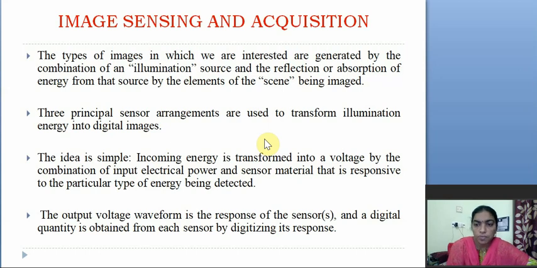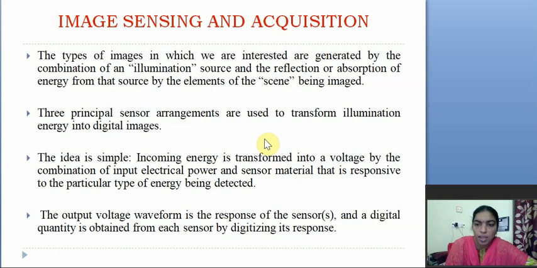We should convert the light signal into an electrical signal to generate the images, so we should use some sensors. Based on the sensor arrangement, we have three different sensor arrangements: one is the point sensor, another the line sensor, and another the array sensor.